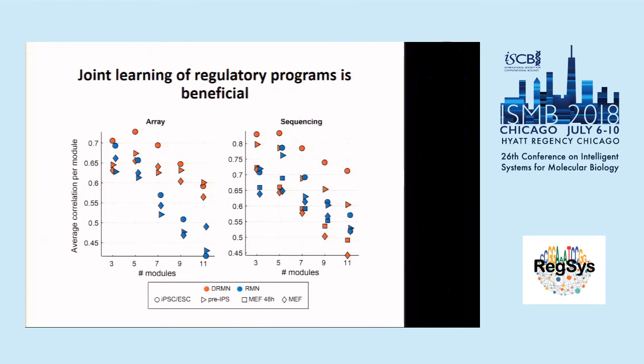The DRMN results are in red, and the RMN results are in blue. Especially in the array data set, the joint learning was helpful. And in the sequencing data set, we see that it was helpful especially for some cell types more than others. The red dots coming down the top of the sequencing set are the embryonic stem cell measurements.